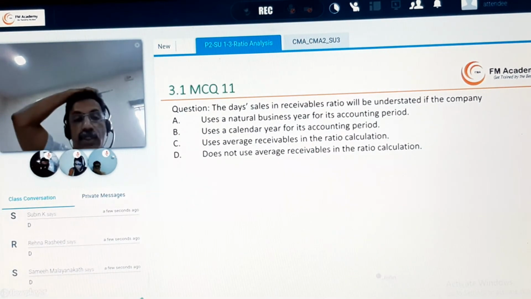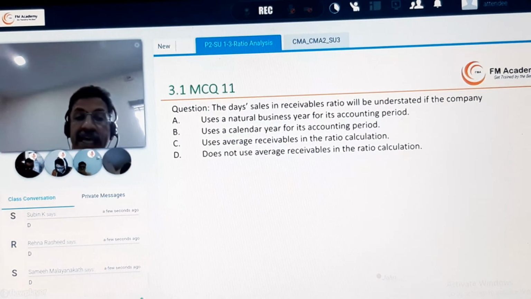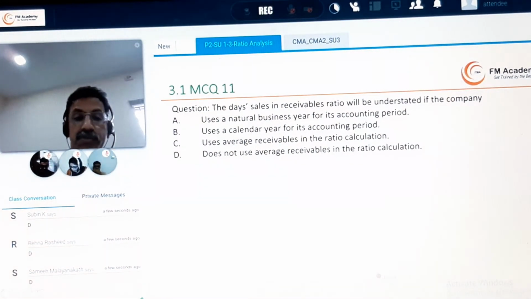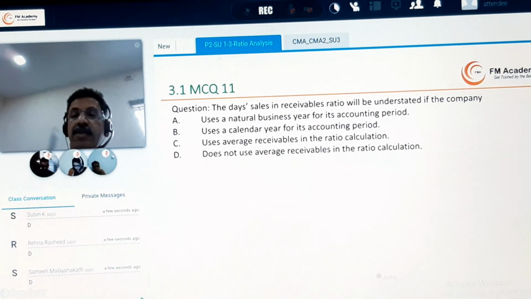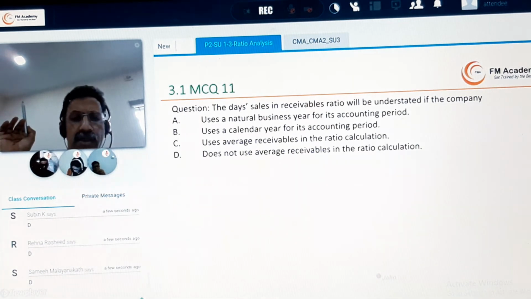Next, question number 11. The days sales in receivable ratio, the DSO, the collection period, will be understated if the company uses natural business year for its accounting period.